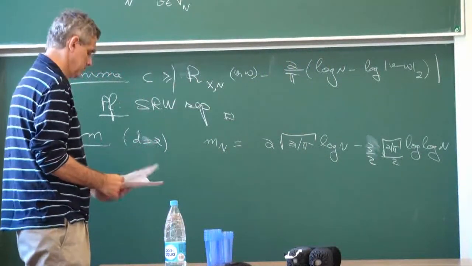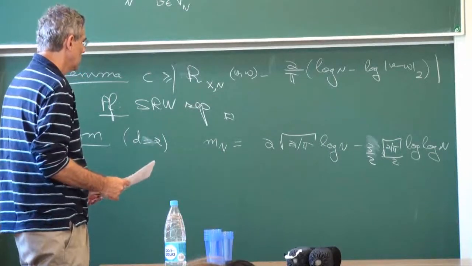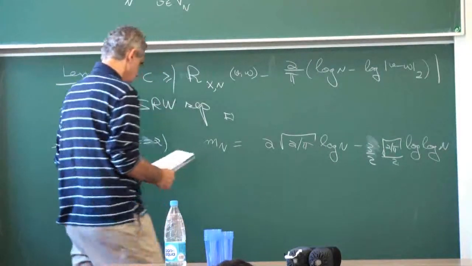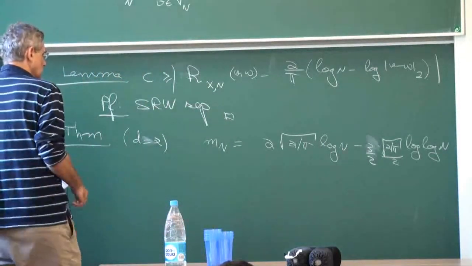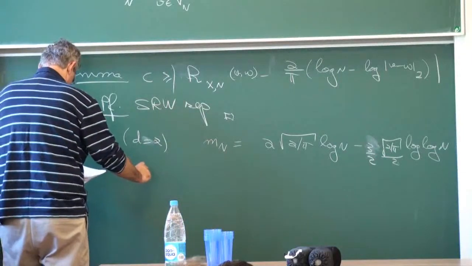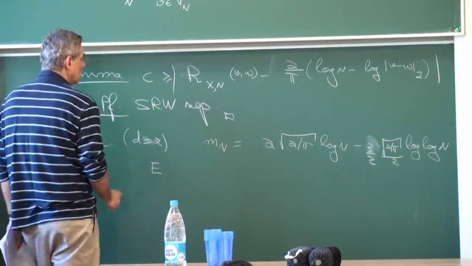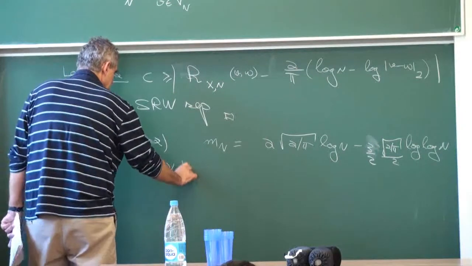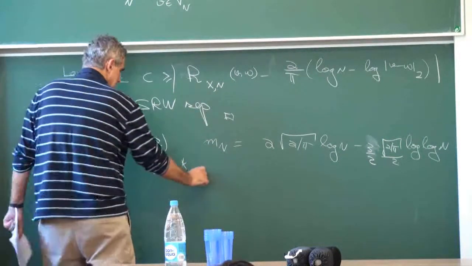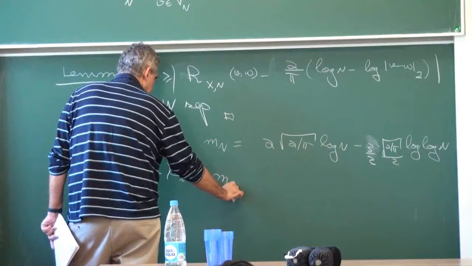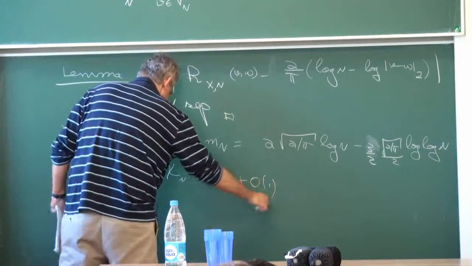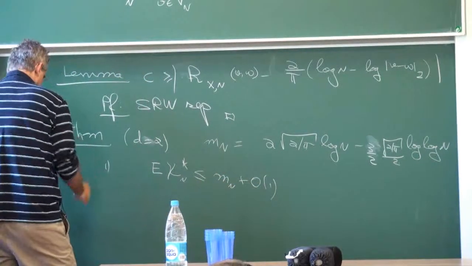So that's M_n. The theorem is that the expectation of the maximum is less than or equal to M_n plus order of 1. That's one point.